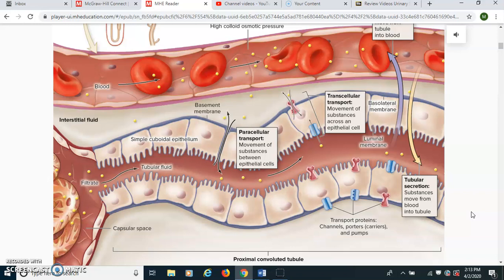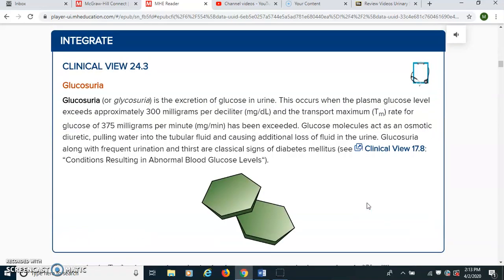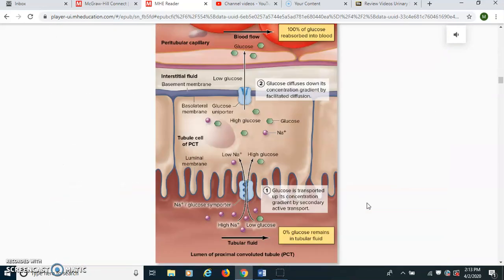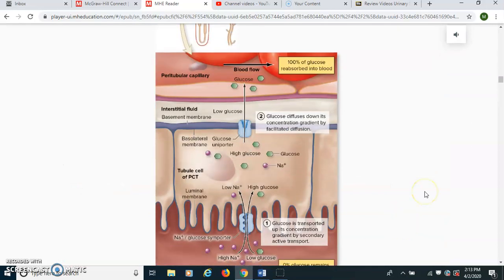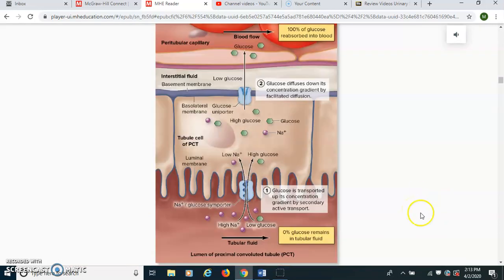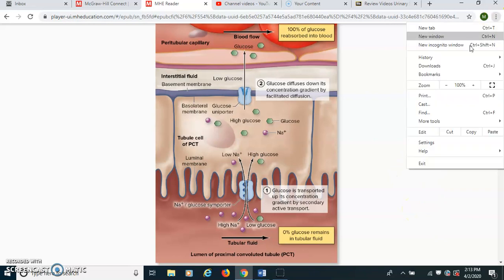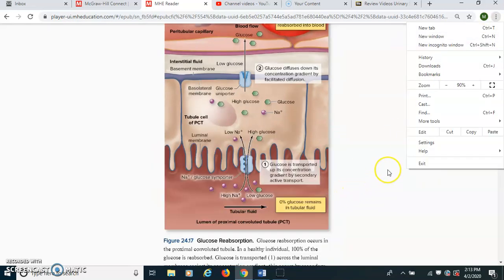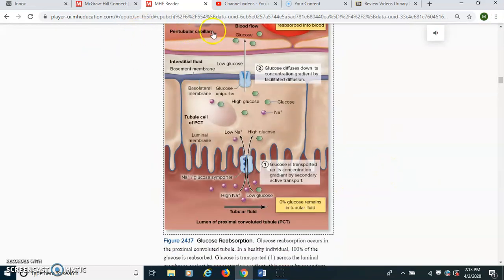So for the glucose, we're going to go down here. How glucose works: I'm going to make this a little smaller so you can see it all. Up here is our peritubular capillary, then we have our interstitial fluid, and then one of these tubular cells.